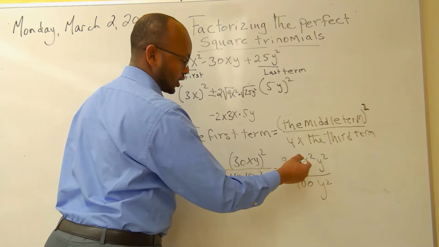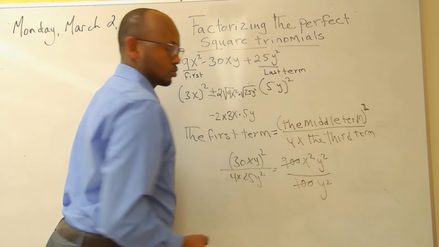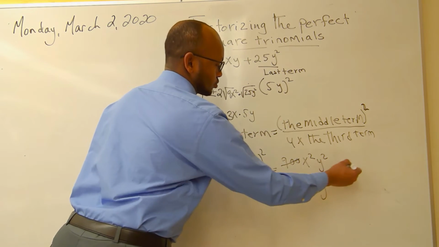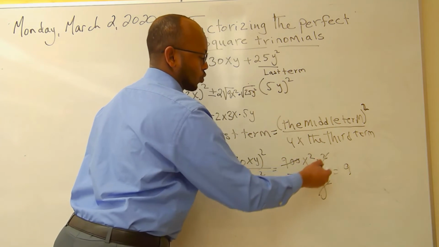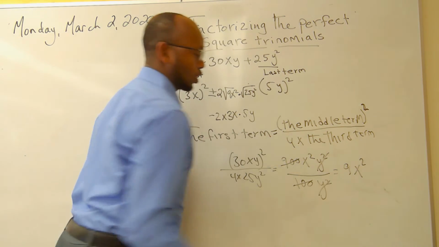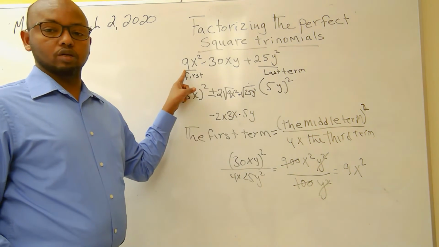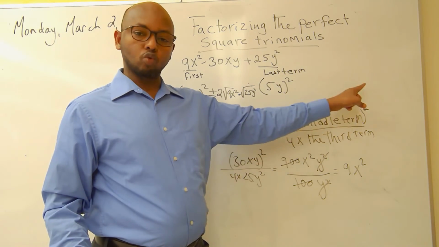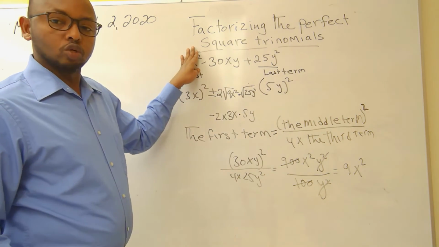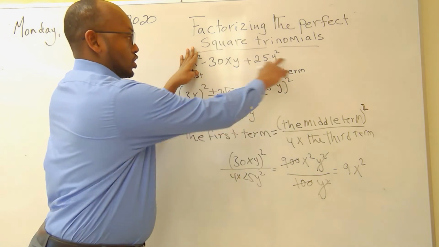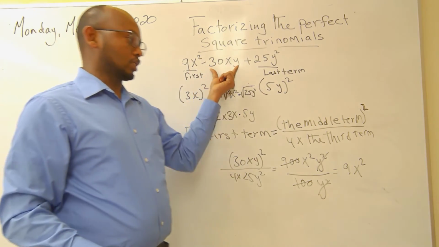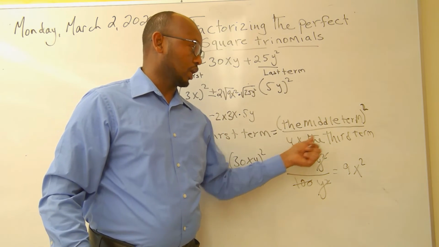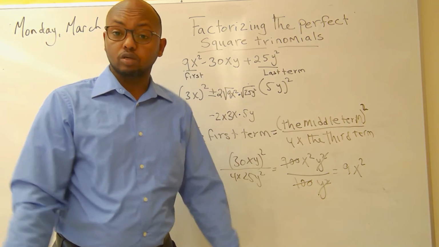So we divide 900 by 100, and the answer is 9. The y squared is gone, and we get x squared only, which is the first term. Is that clear? You take the middle term, square it, and divide by 4 times the third term, the last term.